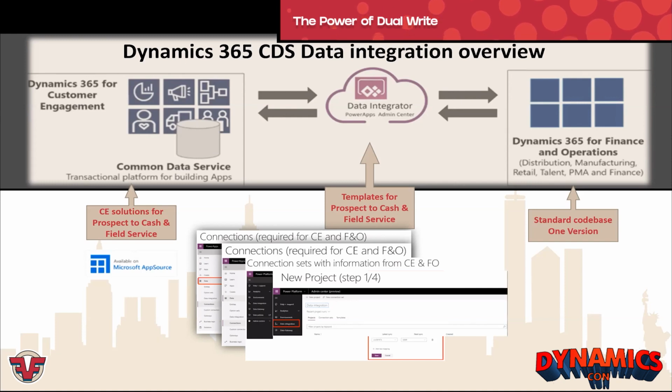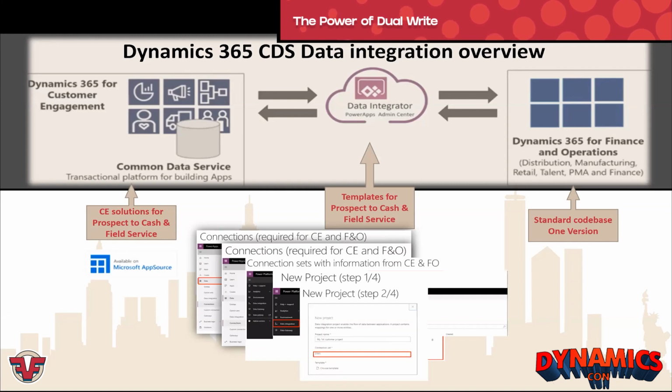There are 4 steps involved in project creation, and all of these steps have to be manual, and only the Power Platform admin user can perform them. This is the reason the screen on the right is called the admin center.